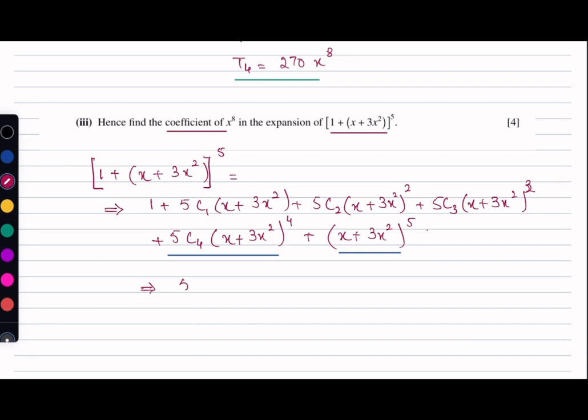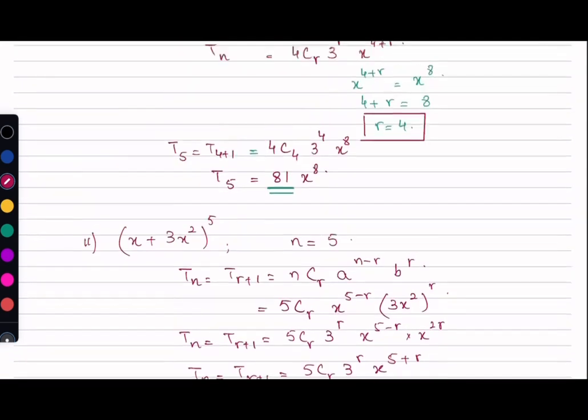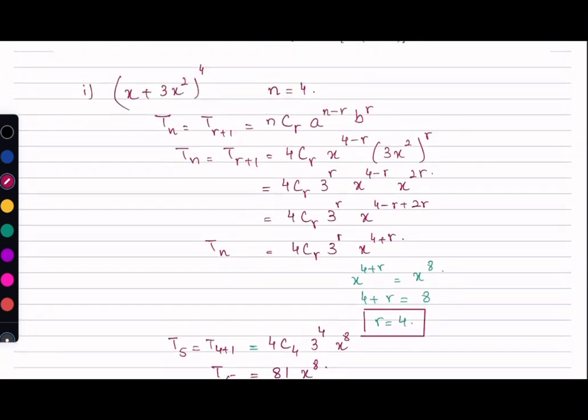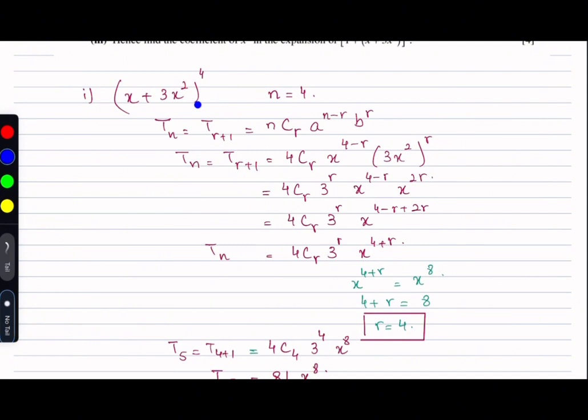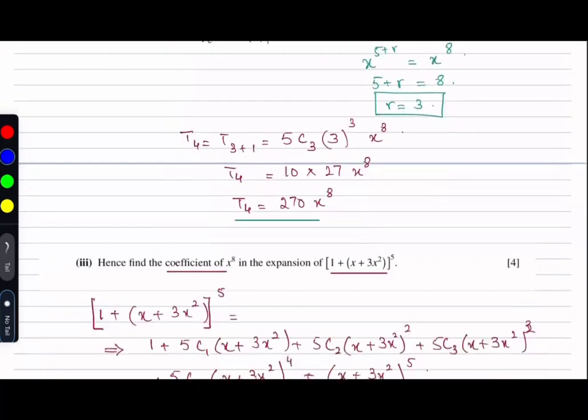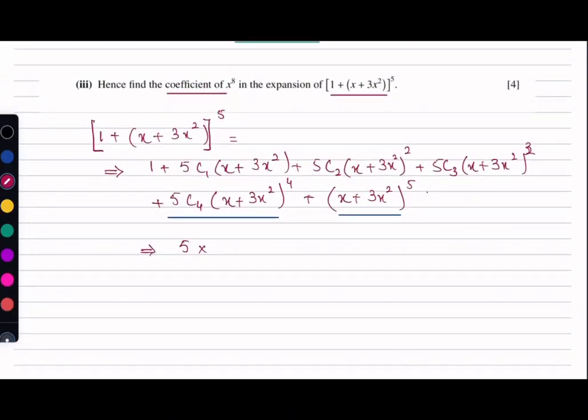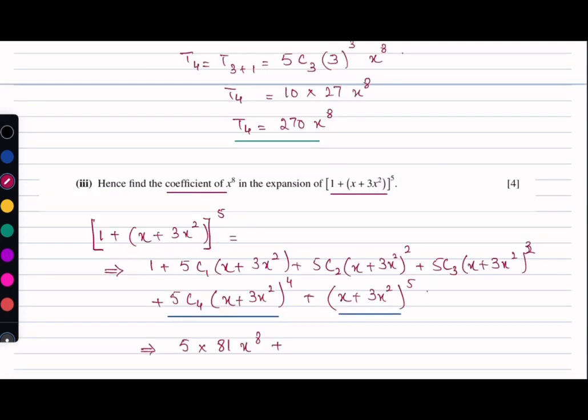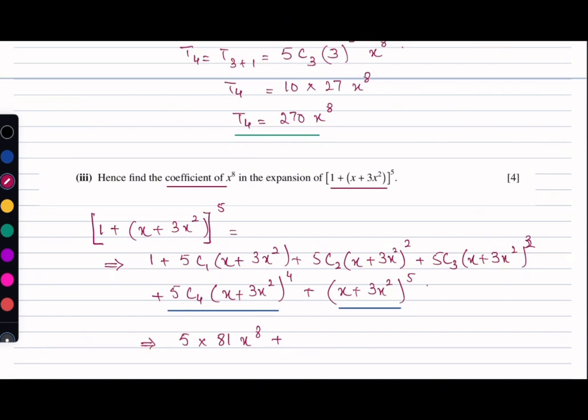5c4, that is 5, times (x plus 3x squared) to the power 4. That answer should be from the first part, where (x plus 3x squared) to the power 4 gave us the coefficient of x to the power 8 as 81. So I'll just be writing here 81 x to the power 8, and so now it should be just 5 times 81 x to the power 8 plus 270 x to the power 8 here.